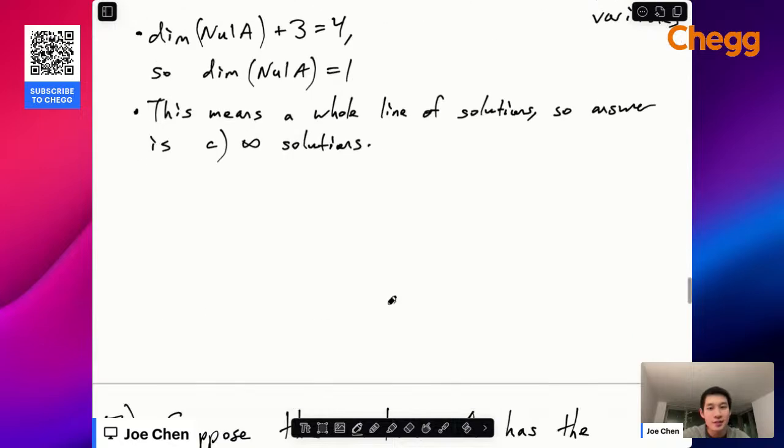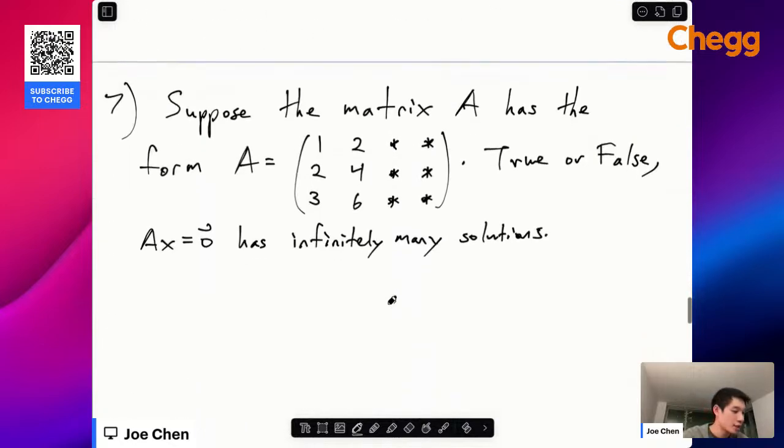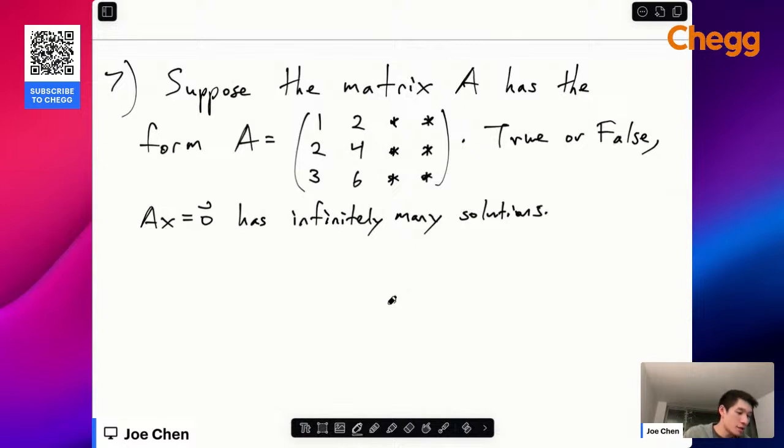All right, here's another one. This one is a true or false. Suppose the matrix A has the form where the first column is 1, 2, 3, and the second column is 2, 4, 6, and the last two columns can be anything.